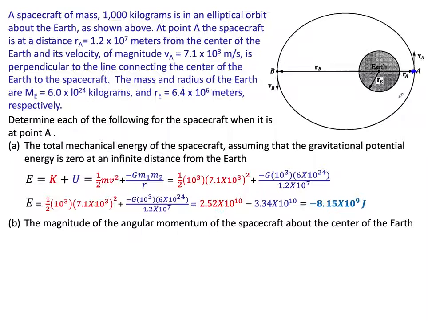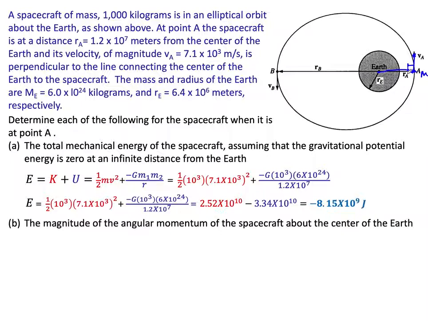And now here's where the angular momentum comes in. The magnitude of the angular momentum of the spacecraft around the center of the Earth. How do you do that? This is a point mass, and so I'm just going to take R cross, or sorry, actually, R cross MV. In this case, though, this is nice. This is perpendicular, so I don't need to worry about the sign.